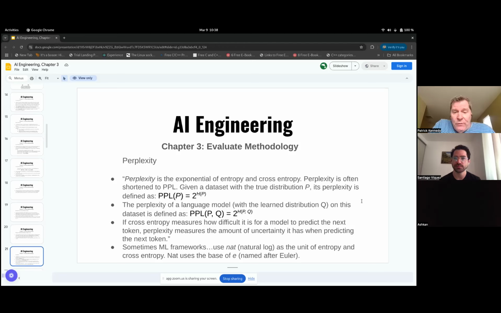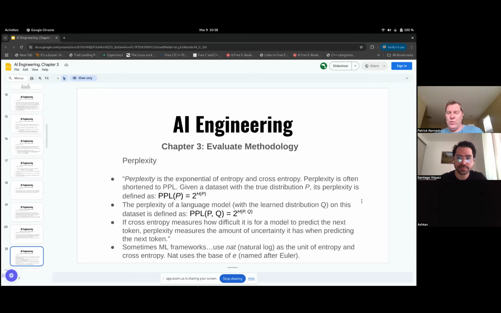Sometimes ML frameworks use nat, the natural log, which is a unit of entropy and cross entropy. In other words, instead of being base 2 binary, you can do decimal base 10, but often ML frameworks prefer to use nat, which is symbolized by a fancy e, named after the famous Swiss mathematician Euler.